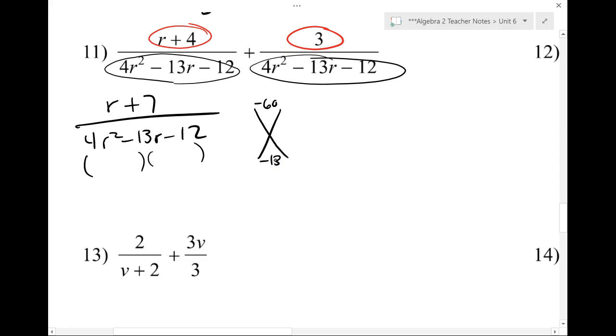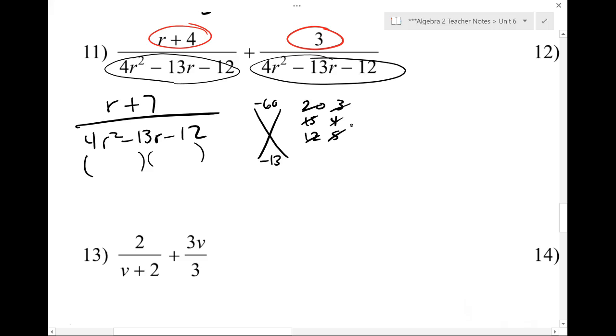And then I have to think to myself, what two numbers multiply to 60 but add up to negative 13? Well, let's see. If I had 20 and 3, no, that doesn't work. How about 15 and 4? No, that doesn't work. How about 12 and 5?